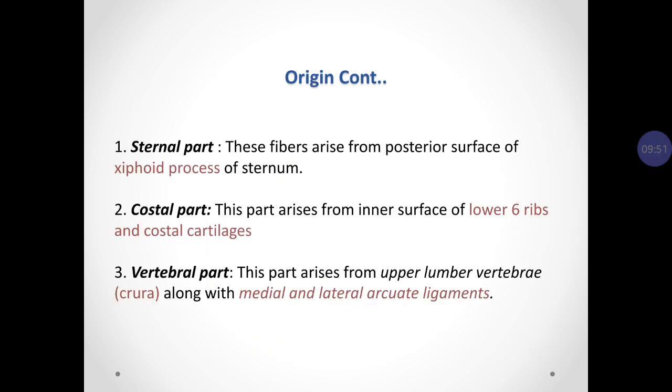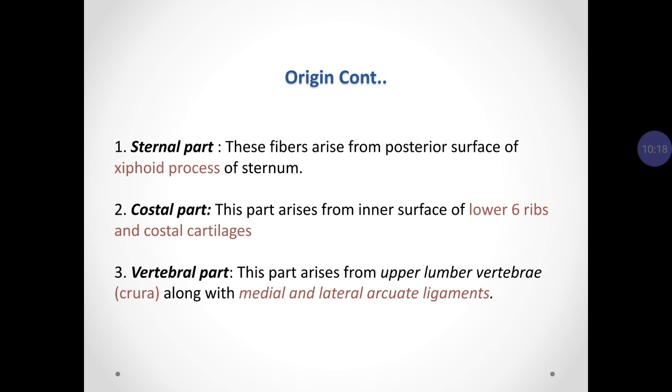So to repeat that again, we have seen the origin of the diaphragmatic fibers. The first part was the sternal part, and the fibers of the sternal part basically arose from the posterior surface of the xiphoid process of the sternum. Then there was a costal part, and the fibers of that part arise from the inner surface of the lower 6 ribs and the costal cartilages.